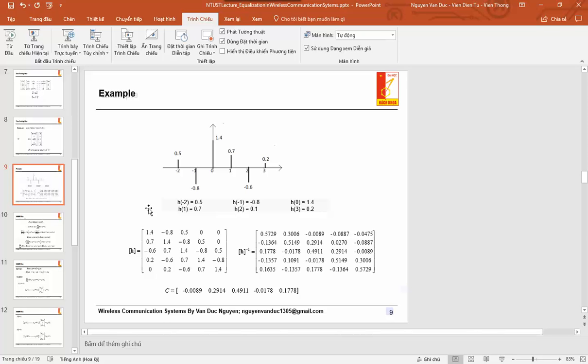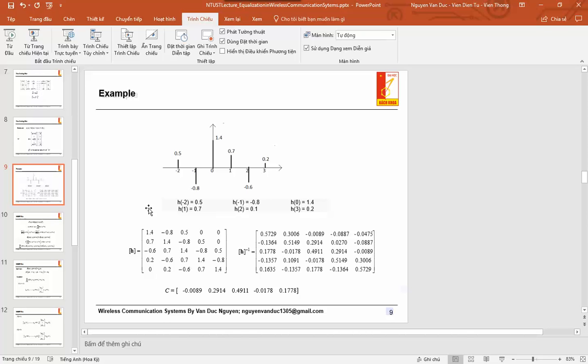First you need to formulate the channel matrix. Next you need to calculate the inverse matrix of the channel matrix. And now we take the middle column of the inverse channel matrix. That is the filter coefficient.